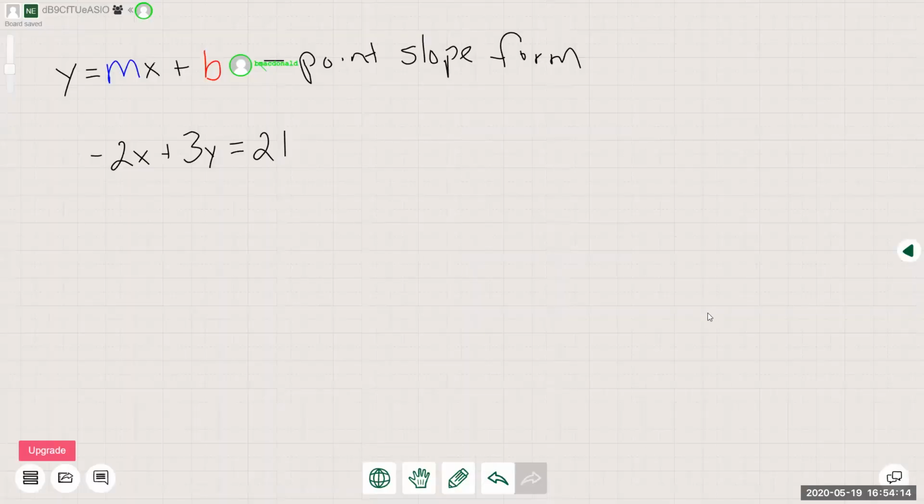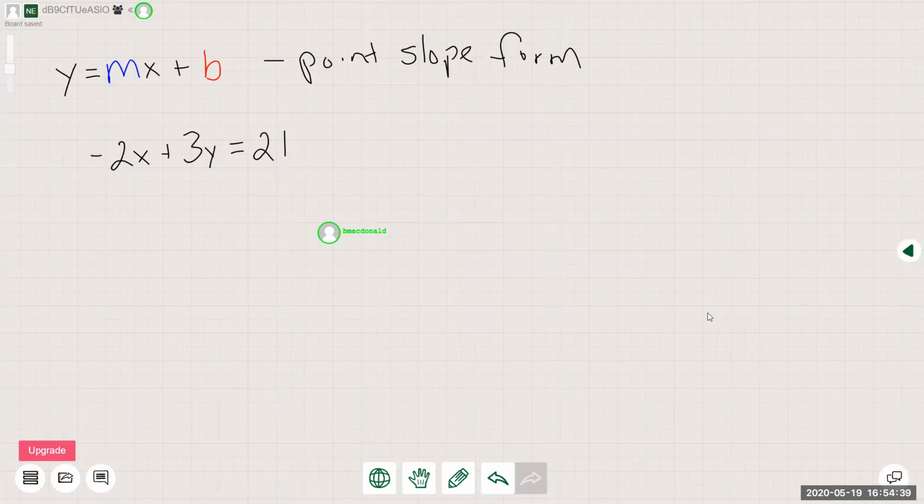So taking a look at this problem, it's a little bit trickier because we have both variables on the same side, and the y is not isolated at all. So there will be a little bit of division here, but that's okay. It won't be too difficult. Our first step is going to be to move that negative 2x to the other side. That way we can get the 3y on its side by itself.